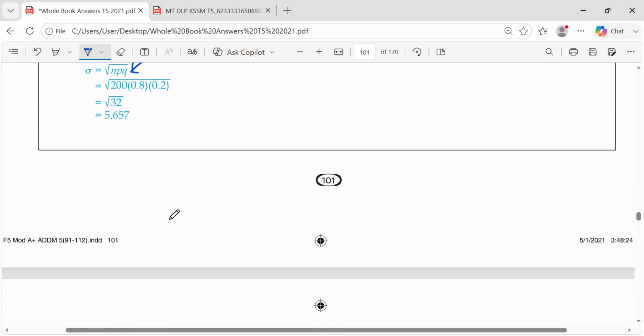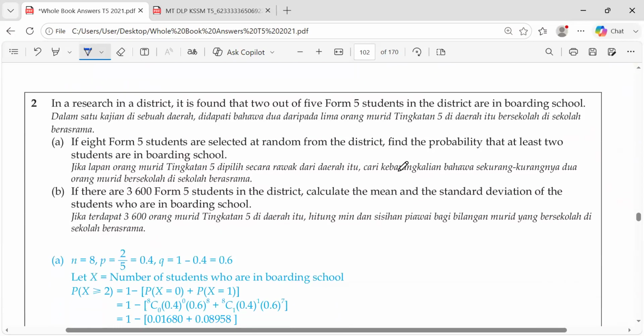Okay, look at question number 2. In a research, 2 out of 5 students are in boarding school. If 8 students are selected at random from the district, find the probability that at least 2 students are in boarding school. So at least 2 means more than or equal to 2.